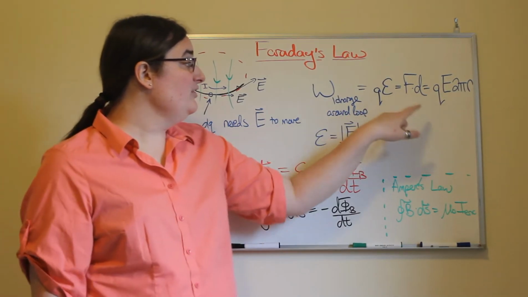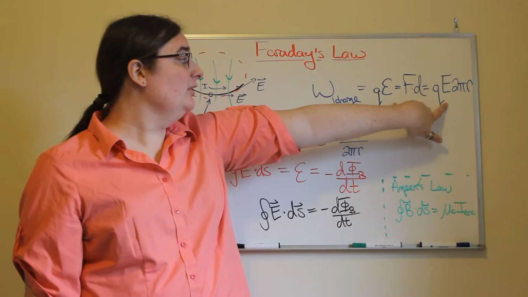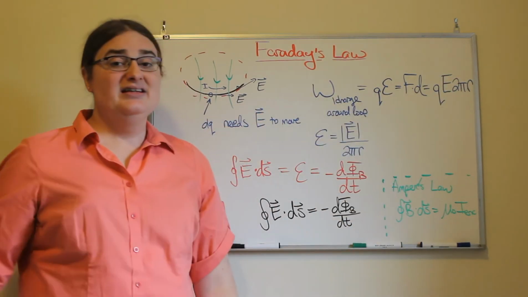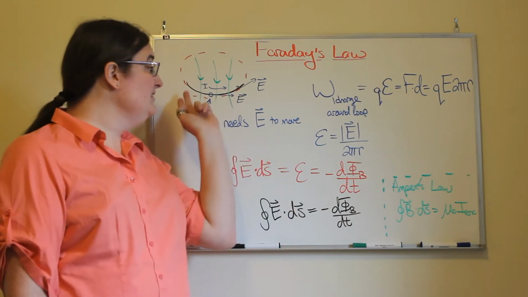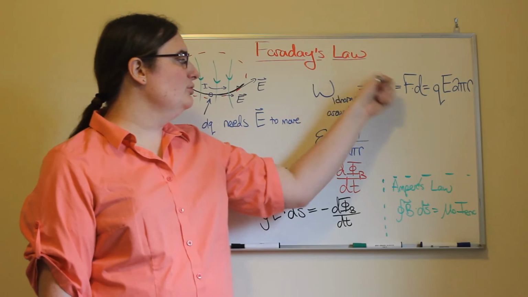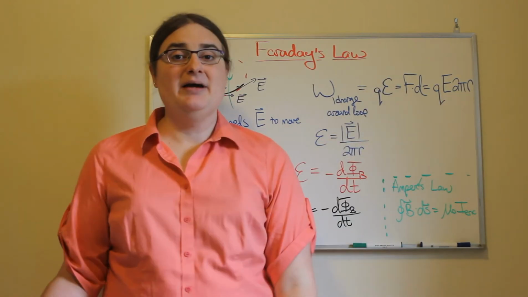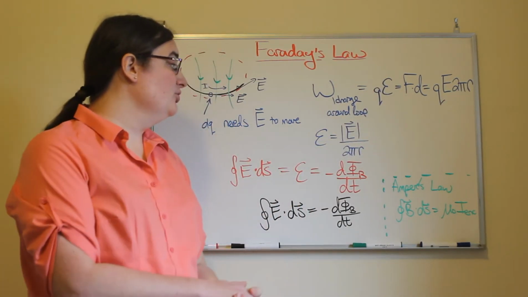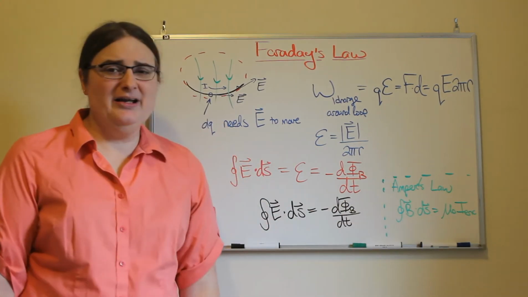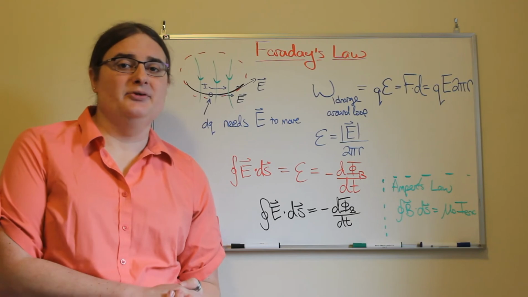Well, equating those two definitions of work, the charge would cancel out, and that tells me that the electric field inside that loop of wire should have a strength that's equal to the EMF divided by 2 pi times the radius. Well, we talked about Ampere's law in an earlier chapter.